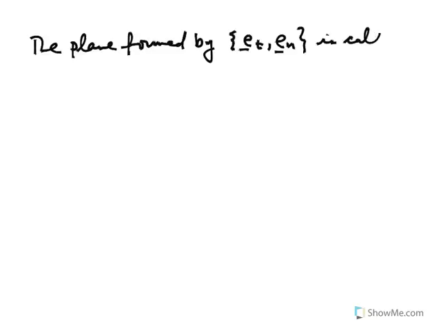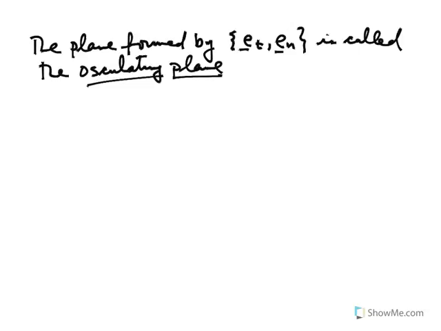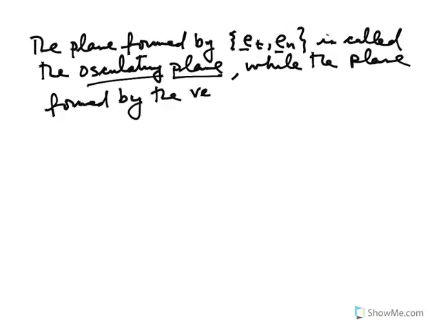The plane formed by the vectors ET and EN is called the osculating plane, while the plane formed by the vectors ET and EB is called the rectifying plane.